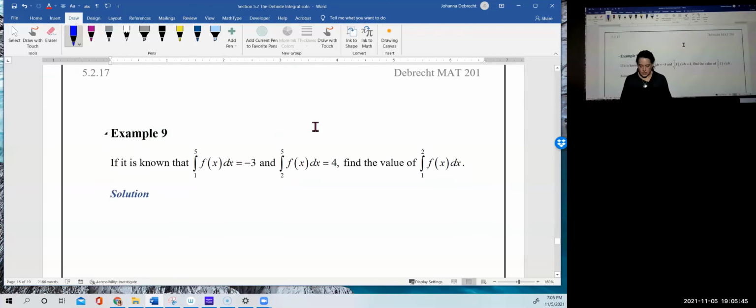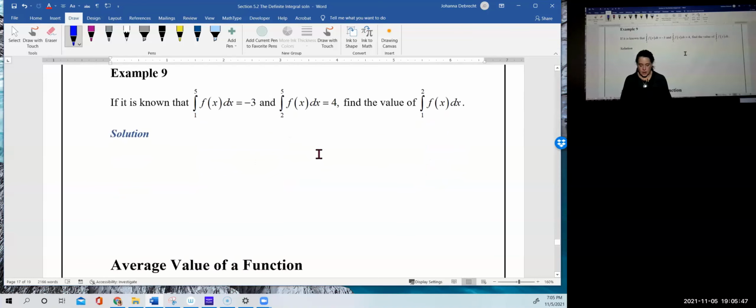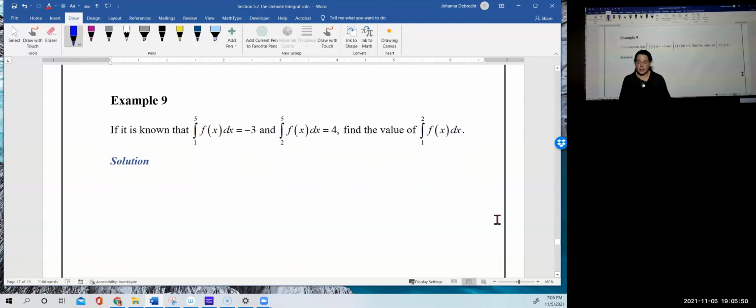Now let's take a look at the next example, which is number 9. It is known that the integral from 1 to 5 of the function is -3, meaning it has more area below the axis as above, and the integral from 2 to 5 of f of x dx is 4.